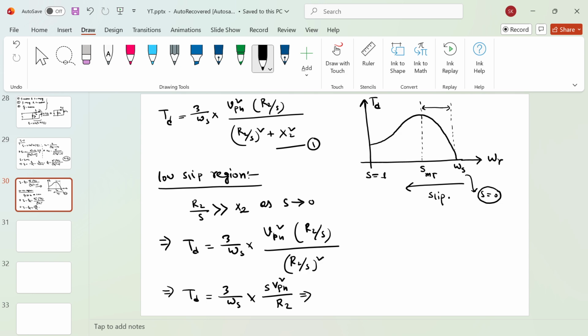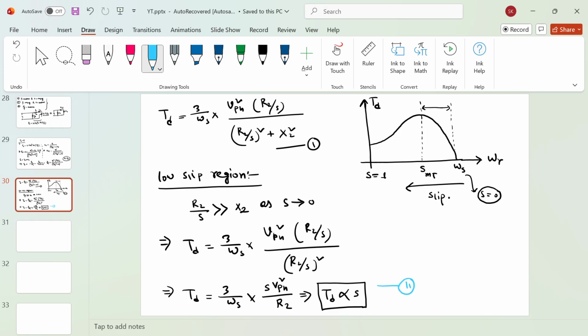From this equation you can see Td is directly proportional to slip at low slip region, and this particular area is somewhat linear. It is not exactly linear, but it is somewhat linear. So keep this equation number 2 in your mind.